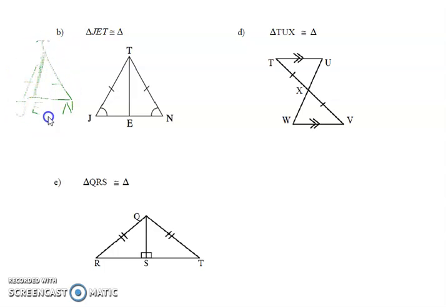So with that said, the only other thing I can mark that's equal is TE. And both triangles are showing side, side, angle. But side, side, angle only works if TJ and TN are longer than TE. Are they?